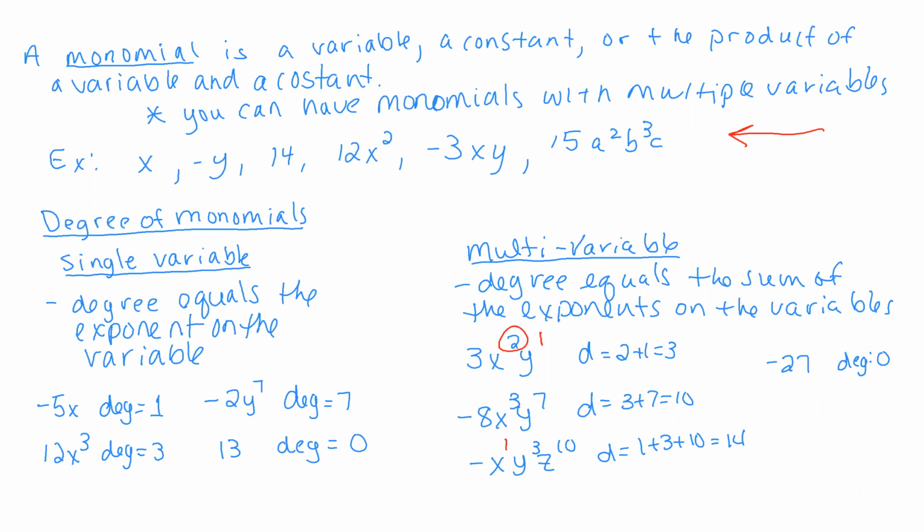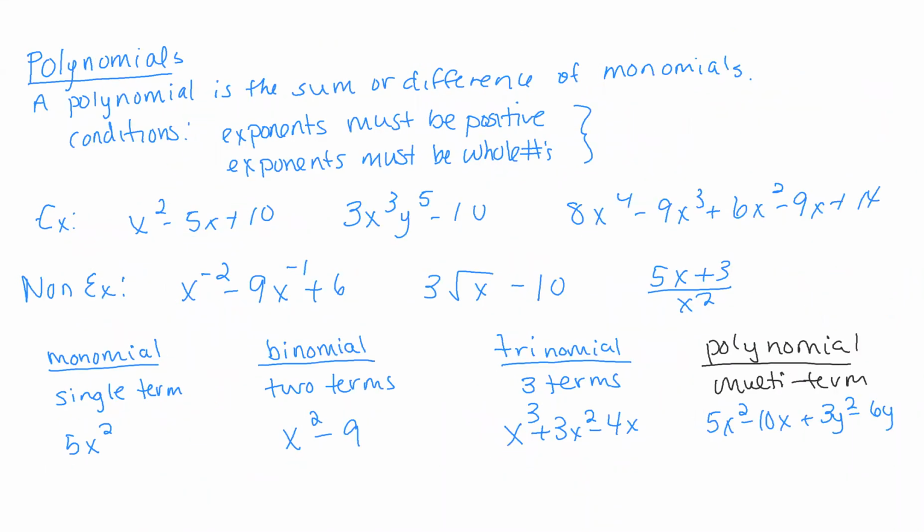And if you have a constant, I gave you two examples here, the degree of a constant is always 0. We defined a polynomial as just the sum or difference of monomials. We looked at some examples. We did realize that there are going to be conditions. Exponents have to be positive and they have to be whole numbers. So no fractions, no negative exponents. You can't have a variable under a radical because that would end up being an exponent that's like a fraction.